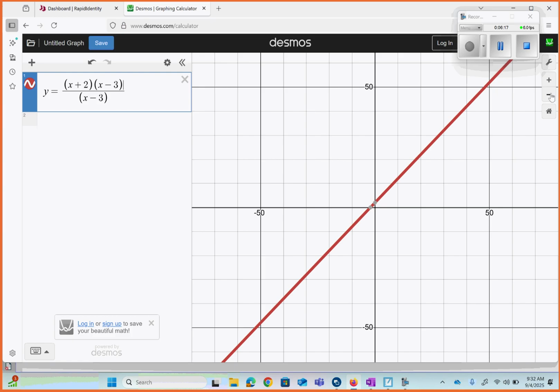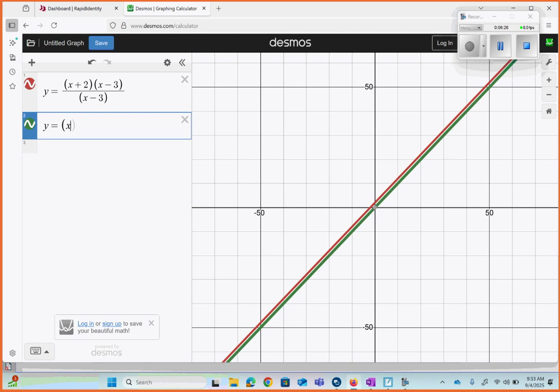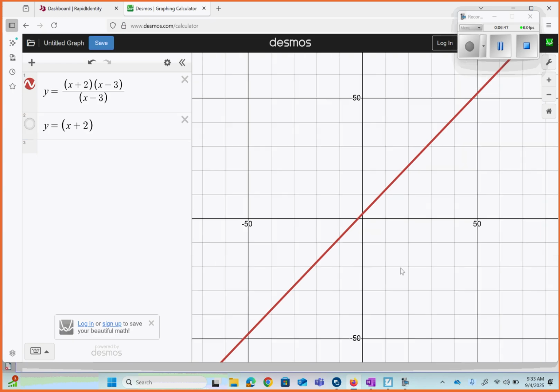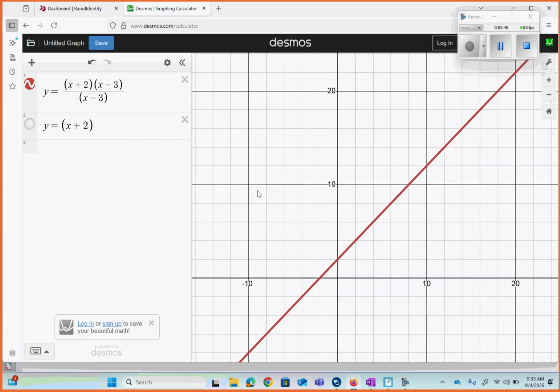So let me show you. If those canceled out, the next equation would just be this. It's that green line. Notice, green line, red line, look like the same thing. Agree? Exact same graph. Agree with me? Okay, so I'm going to keep that off, and I'm going to take a look at what is happening at x equals 3.